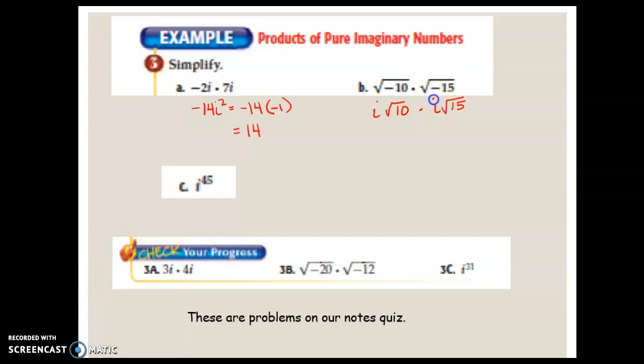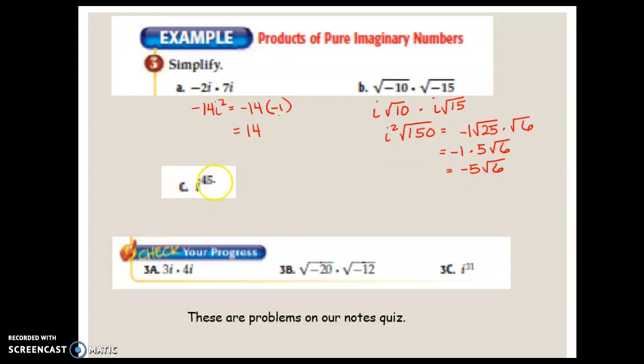So i times i is i squared, and that's the square root of 150. i squared is -1, just like we had before. This is going to be the square root of 25 times the square root of 6. So you're going to have -1 times 5 times the square root of 6, or negative 5 times the square root of 6.